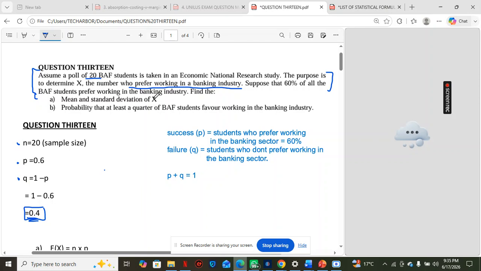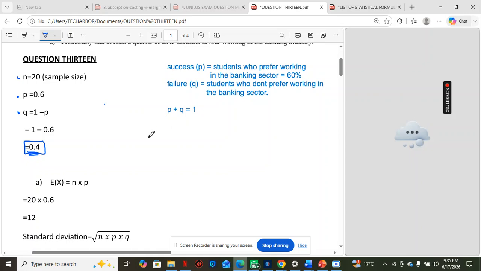First, find the average number of students who prefer working in the banking industry. That is the mean. So the formula for the mean is here. E(X) just represents the expected value. It is the sample size N multiplied by the probability of a success.